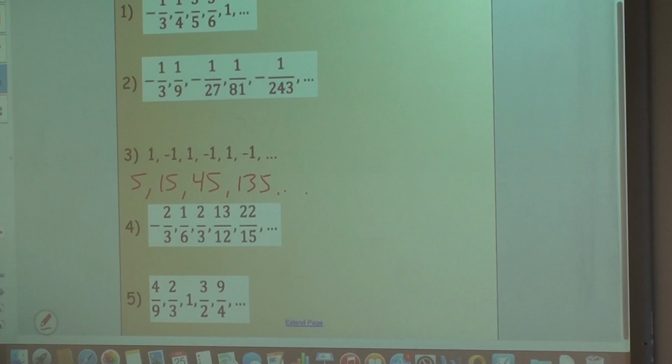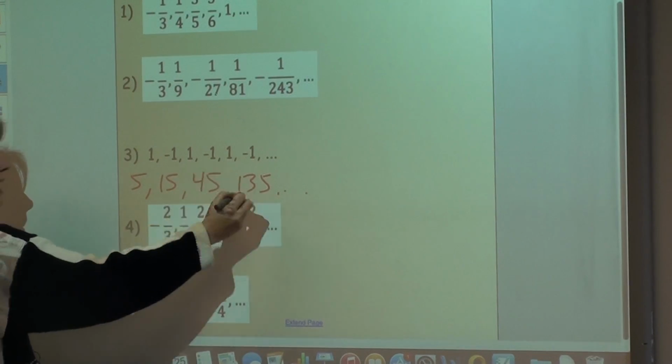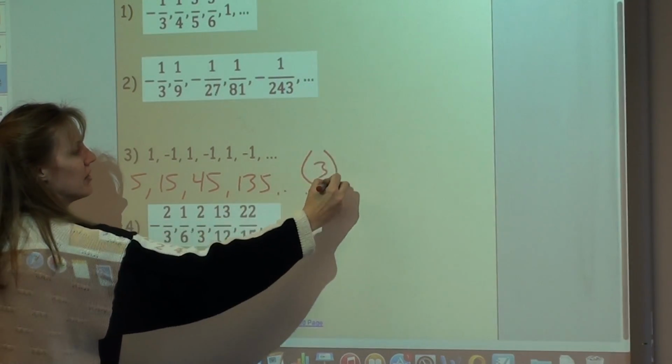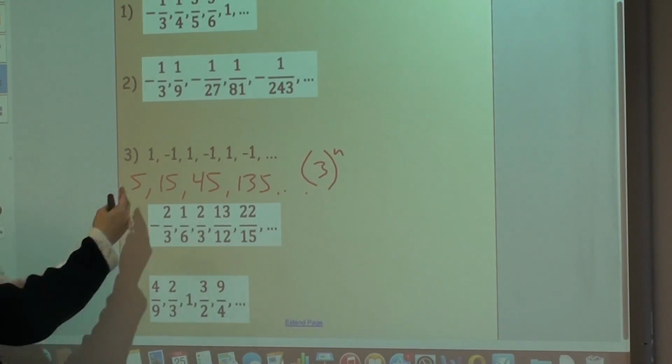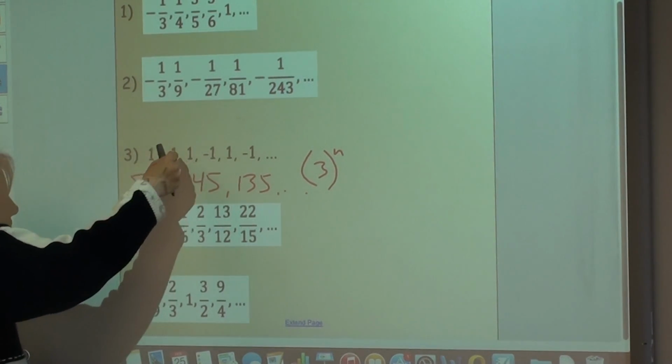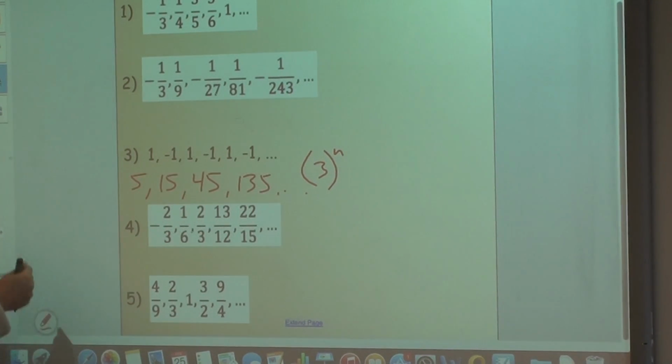This is a geometric sequence, right? When it's geometric, the number you're multiplying by is the number that goes to the n power. This would be 5 times 3 to the first, 5 times 3 to the second, 5 times 3 to the third. That number is called a common ratio, and it's raised to the nth power.